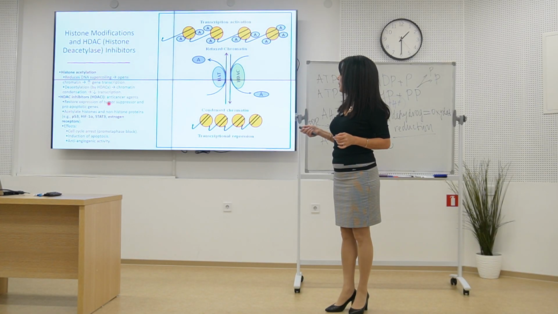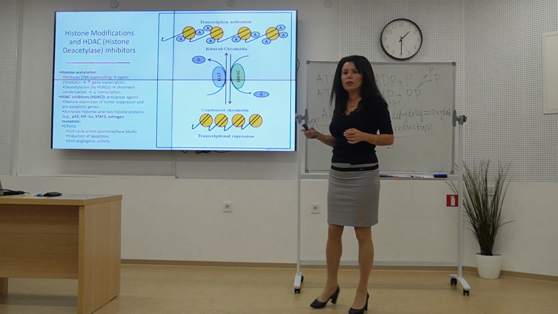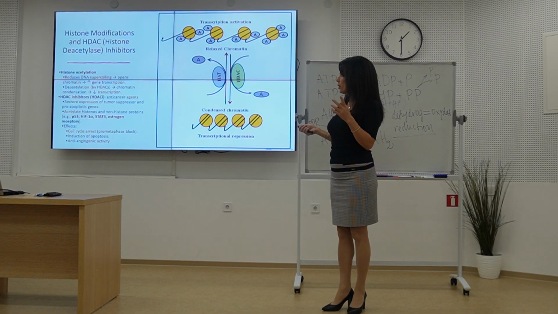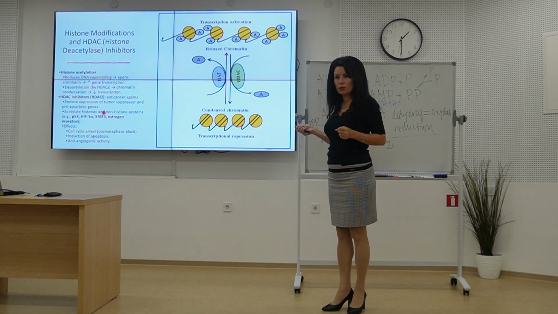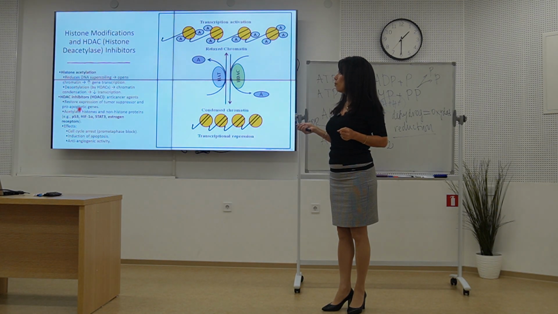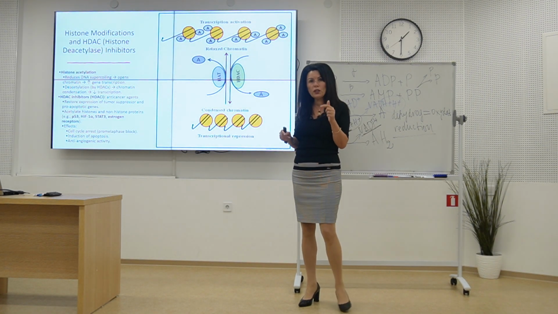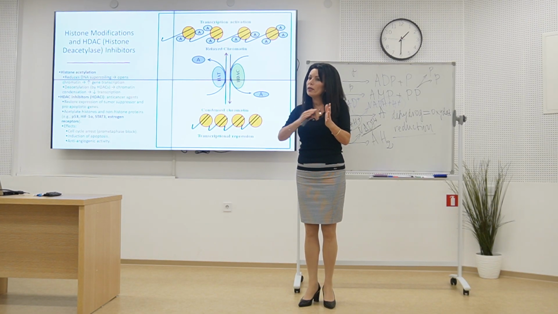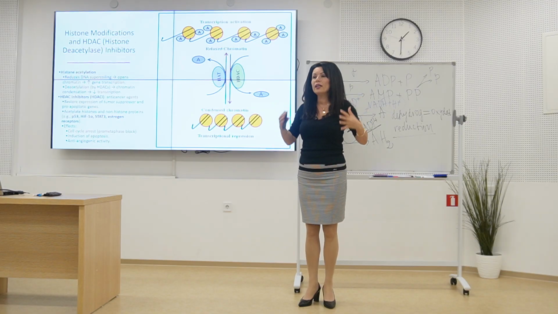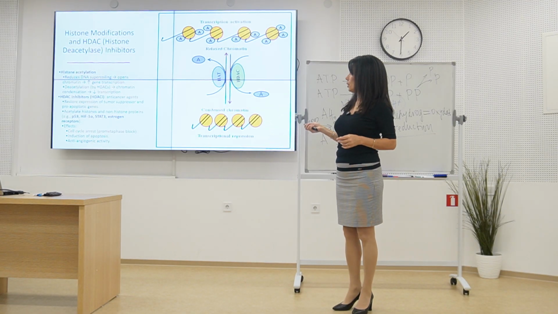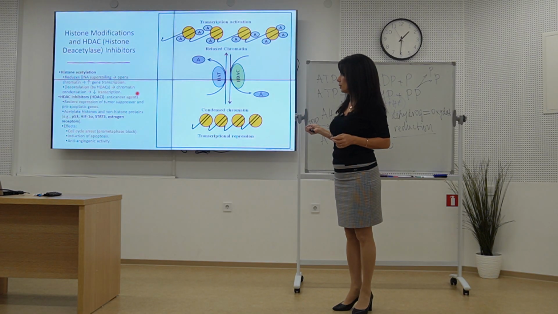Because if there is inhibition of this process, they will become active, which means, if we're talking about tumors, they will activate the pro-apoptotic genes. Apoptosis means programmed cell death, which will lead to the degradation of tumor cells in the end. These drugs are used as anti-cancer agents.